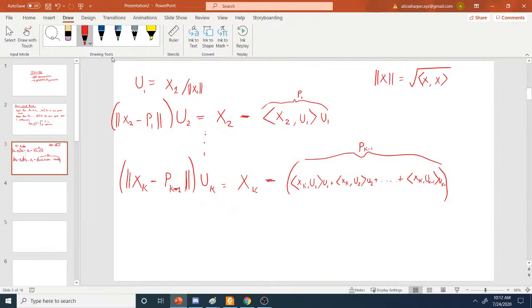And so this gives us a list of expressions for the vectors u1, u2, uk, all the way down to the vector un.